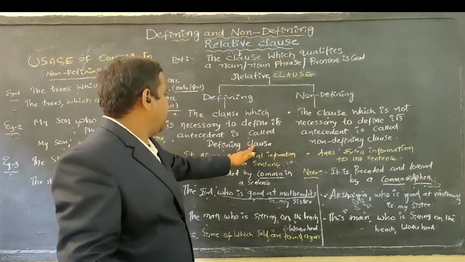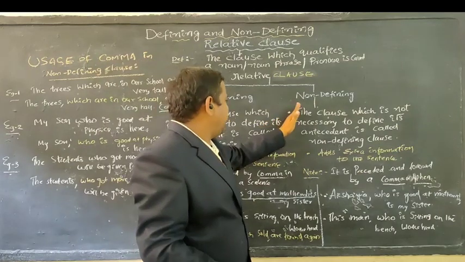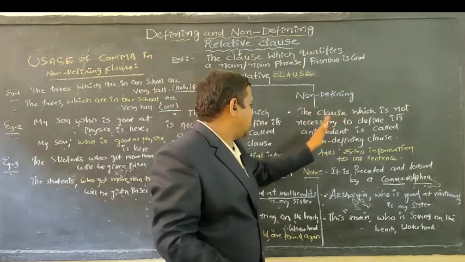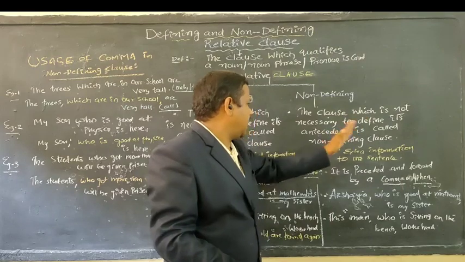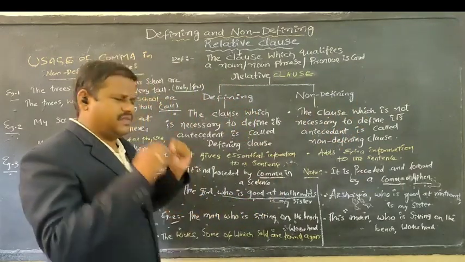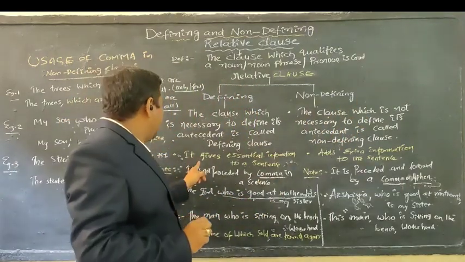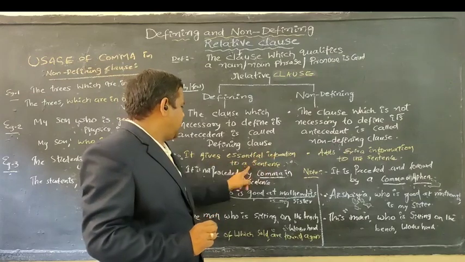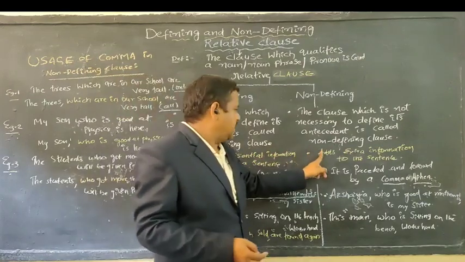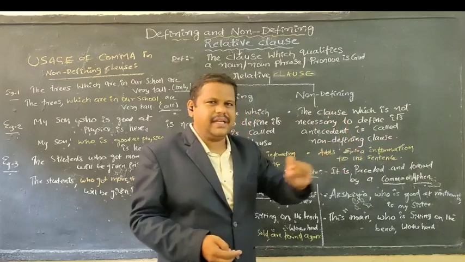A non-defining relative clause is the clause which is not necessary to define its antecedent. A defining clause gives essential information to a sentence. A non-defining clause adds extra information to a sentence.